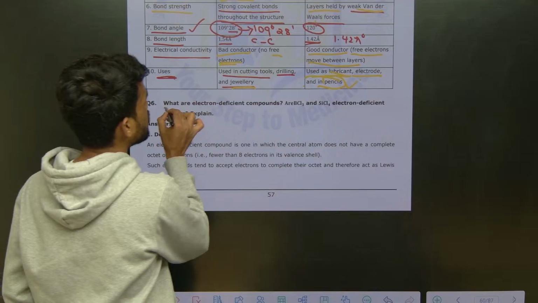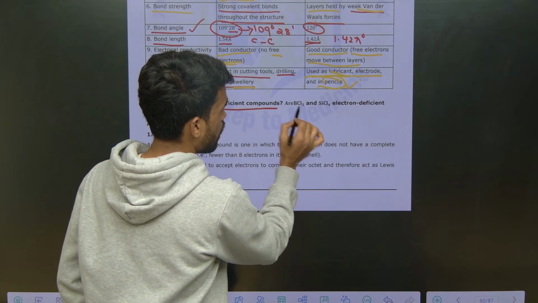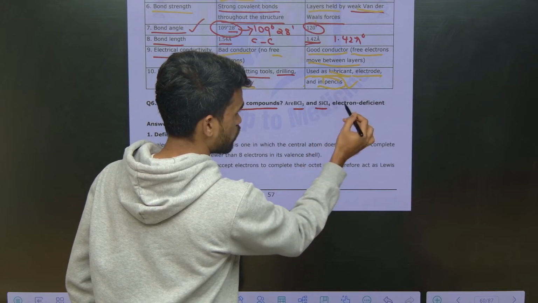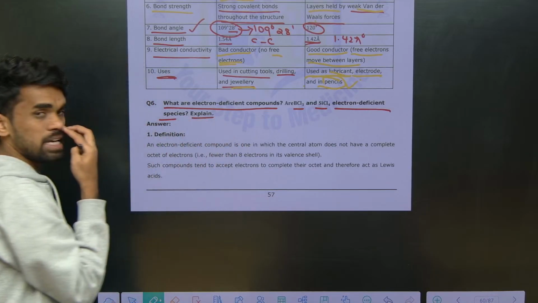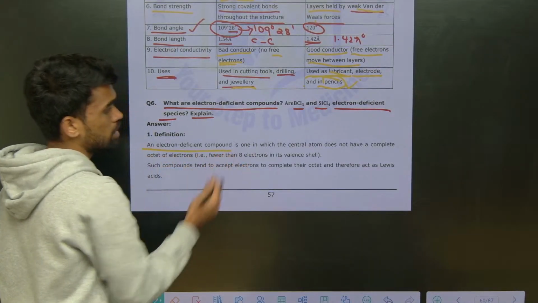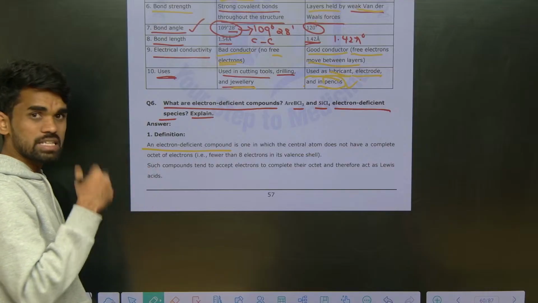What are electron deficient compounds? BCl3 and SiCl4, are they electron deficient species? Explain. Electron deficient compounds means the central atom in that molecule is electron deficient, meaning fewer electrons are there.